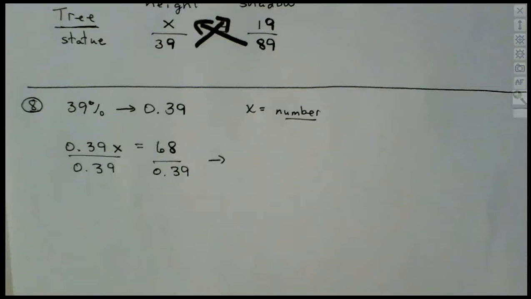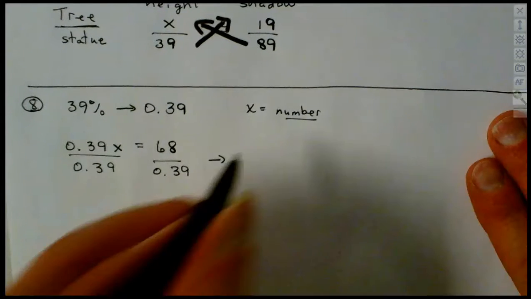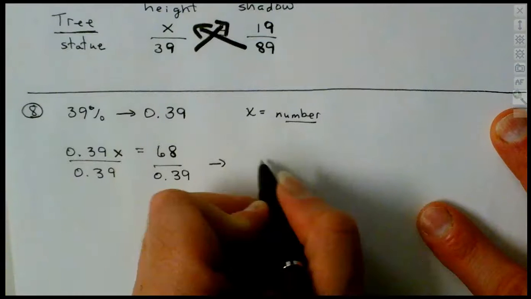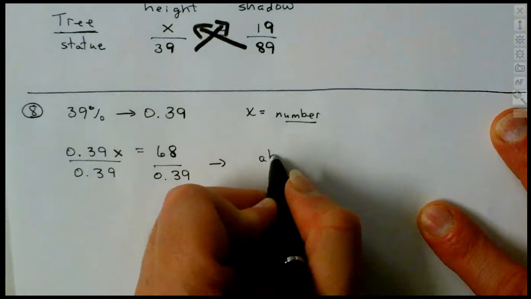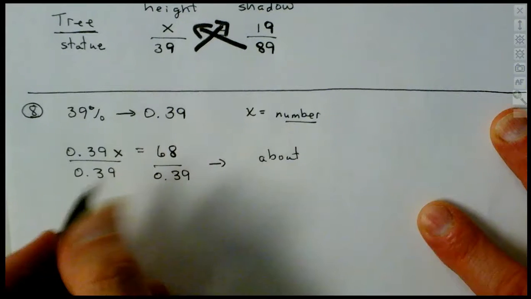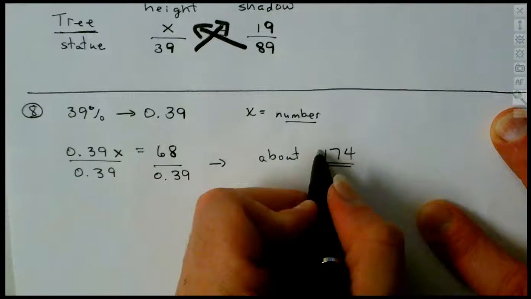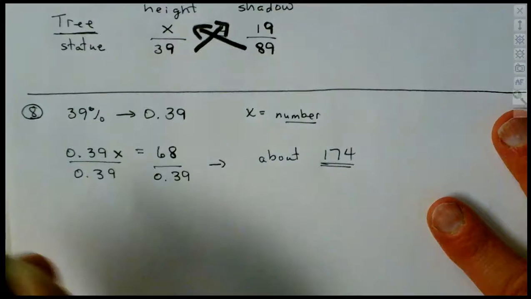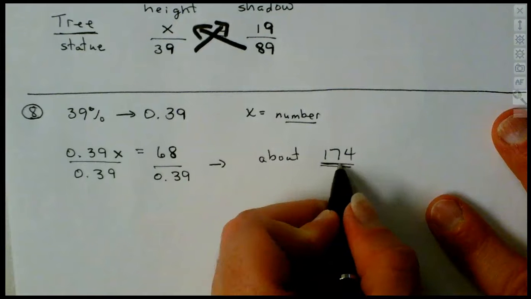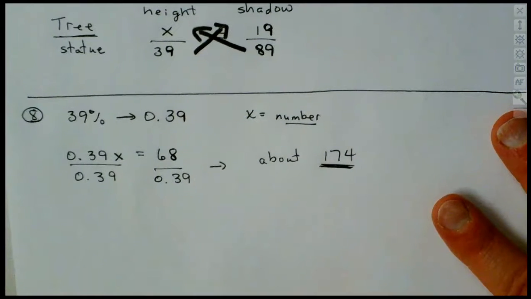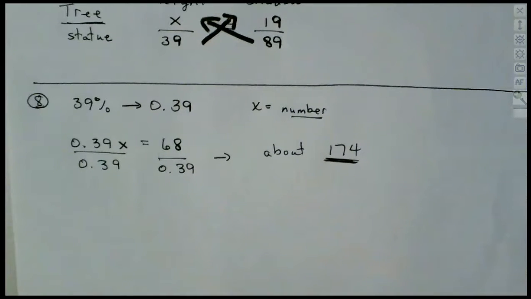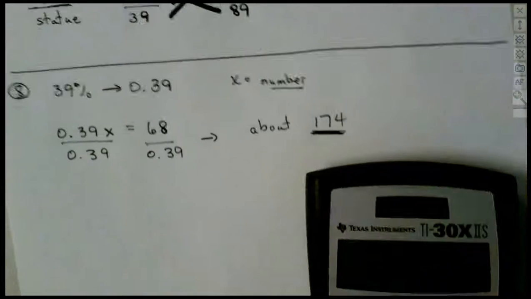Okay, we're on question 8. We'll just go to the nearest number. So it looks like it's going to be about 174. So it's about 174. When we divide, we get that x to come out to be about 174. We'll just go to the nearest number, because when you divide them, it's not a whole number.